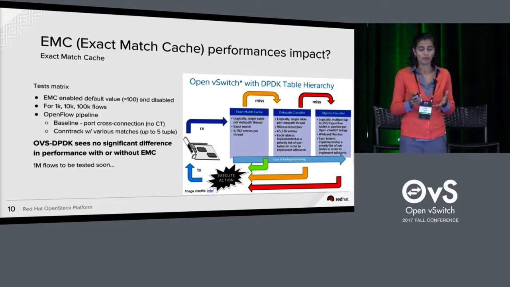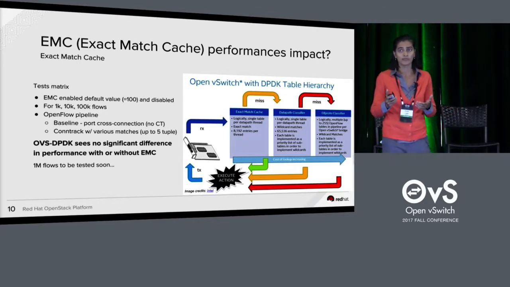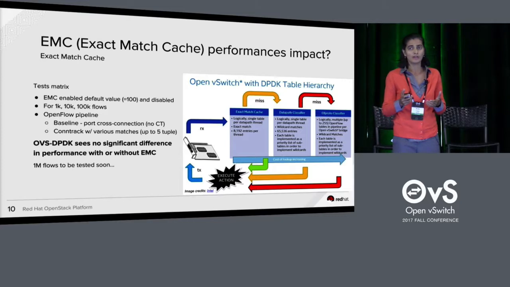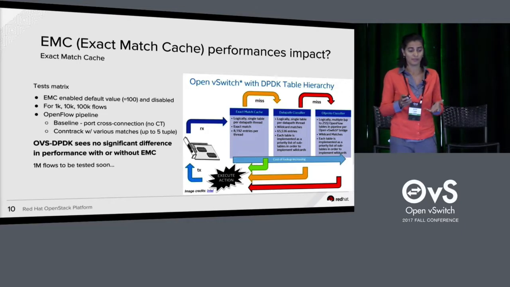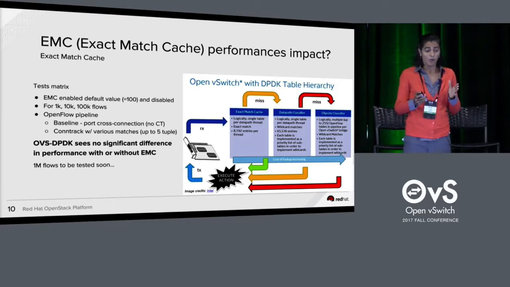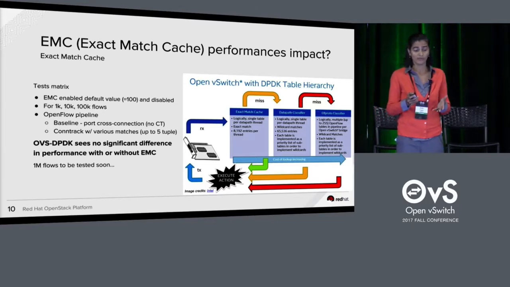But what we're seeing right now is with OVS 2.7 and DPDK 1611, and that's the platform that we're using for our next Red Hat OpenStack 12 deployment with Pike. So that's what's going to go out, and that's the performance that we have. We're running 1K, 10K, and 100K flows, and looking at the impact.